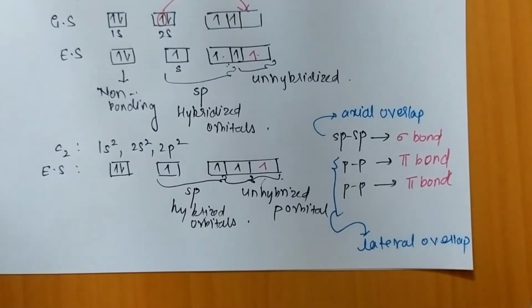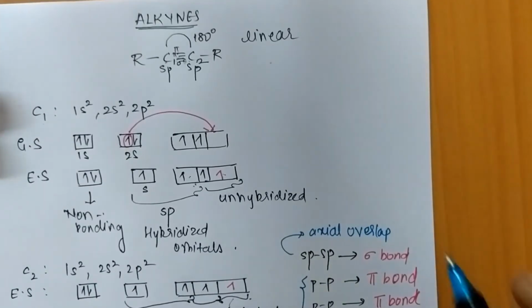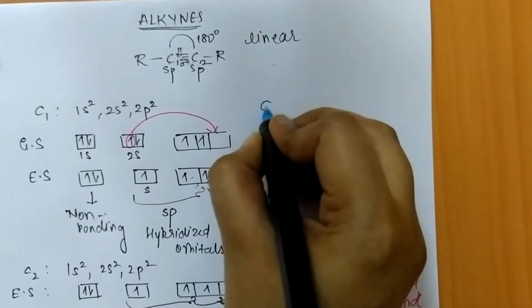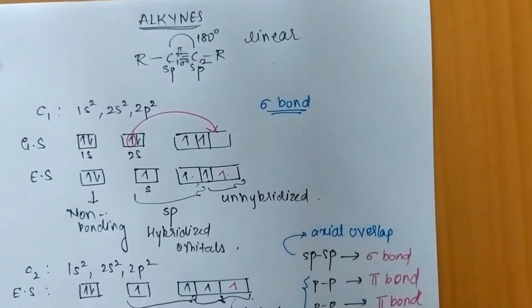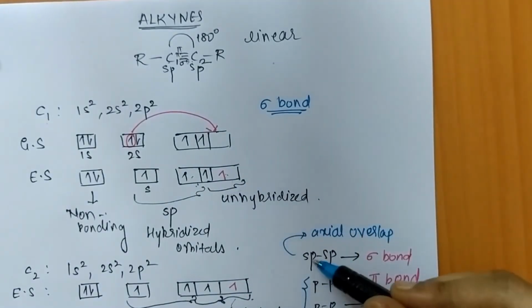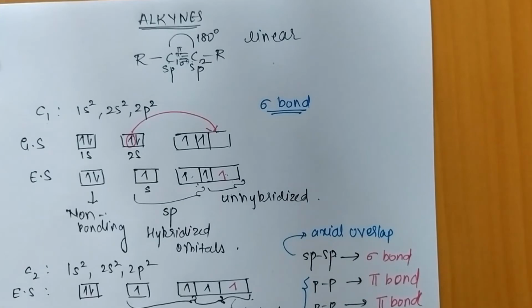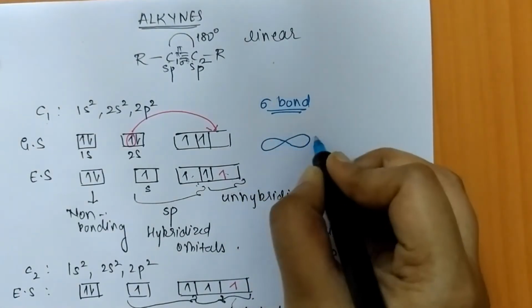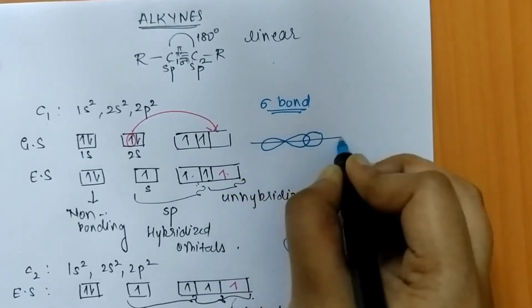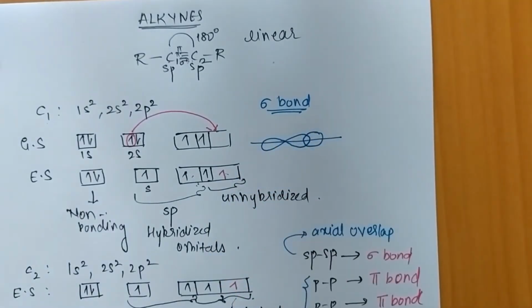Now how is this possible? Let us consider the formation of a sigma bond. In the sigma bond formation, we have sp and sp hybridized orbitals, so we are going to get an axial overlap, that is, along the axis.